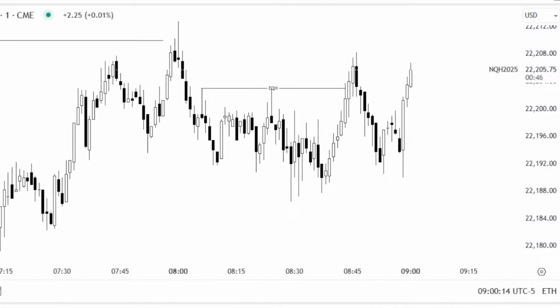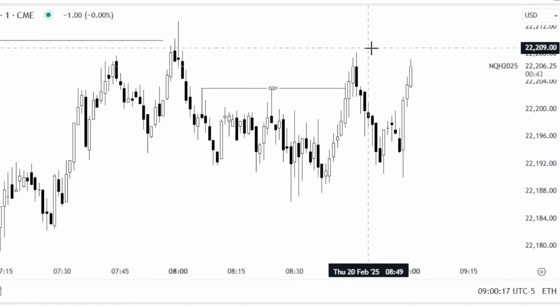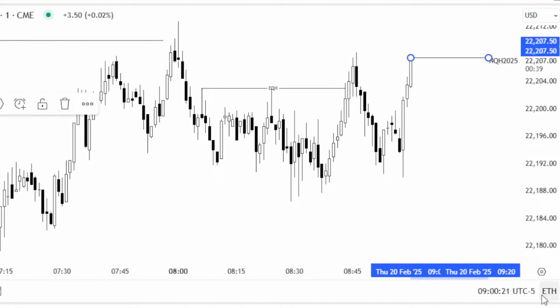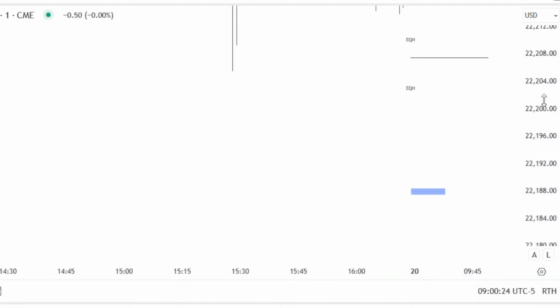What I do want to do, I want to put a marker in here quickly and just see where we are from an opening gap perspective.